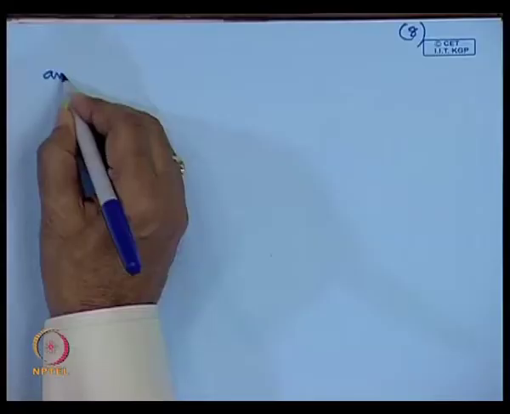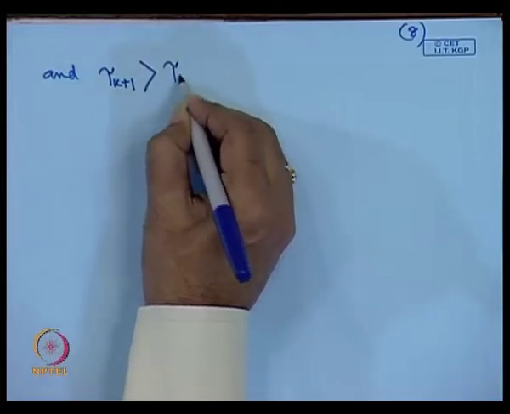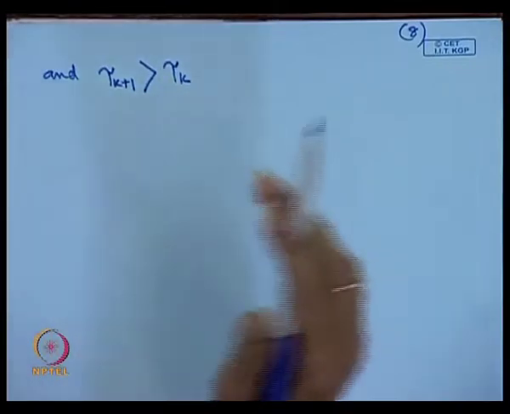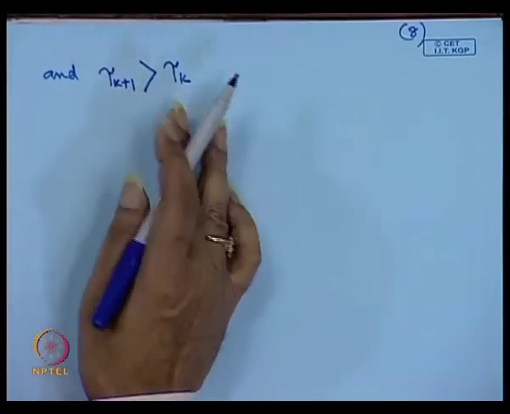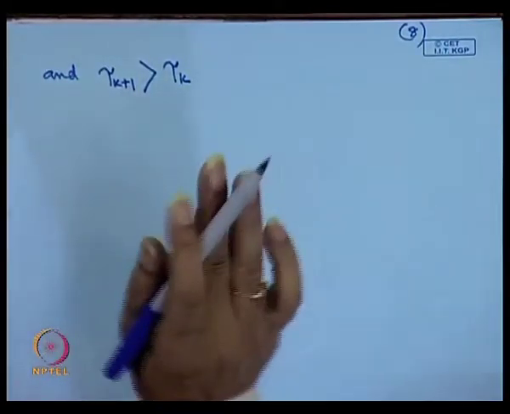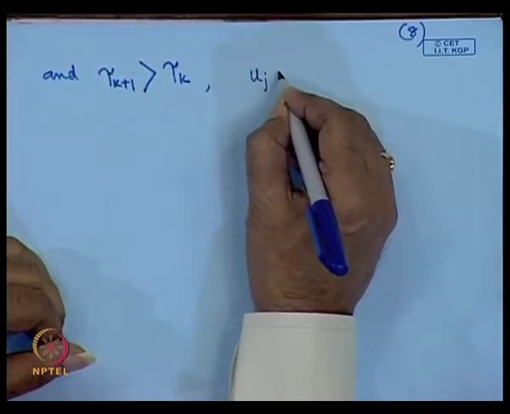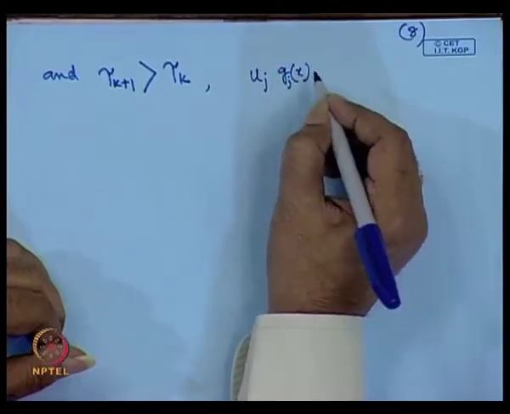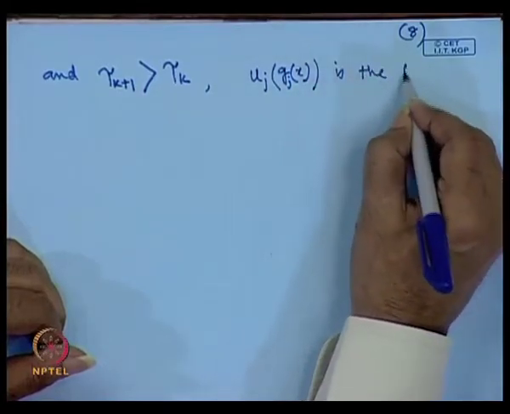And tau k plus 1 is greater than tau k. That is, for the kth iteration, whatever value of tau k you have considered, in the next iteration k plus 1 the value must be greater than at the kth iteration. Then u j of g j of x, this value is a function of the following function.